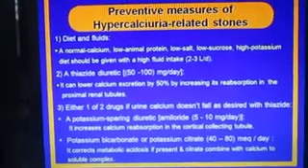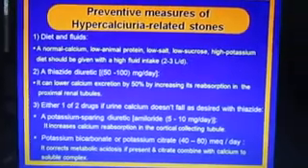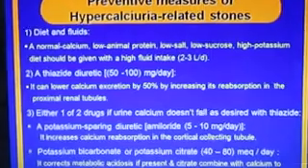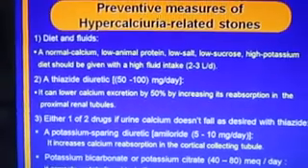It corrects metabolic acidosis if present, and citrate combines with calcium to form a soluble complex in urine.